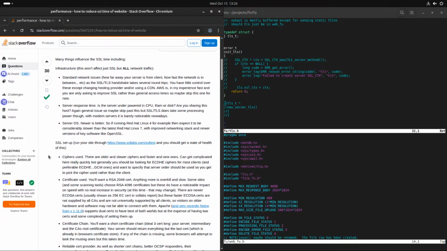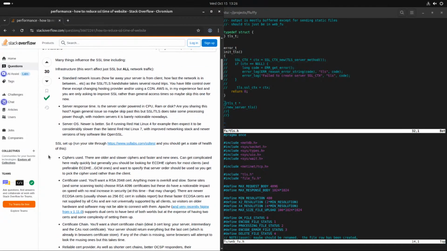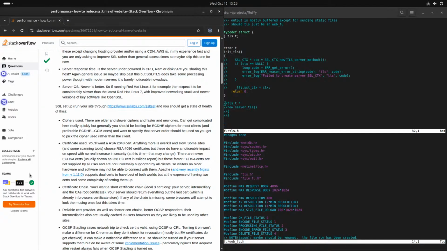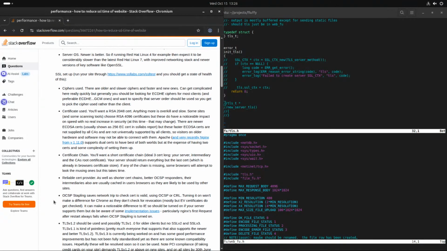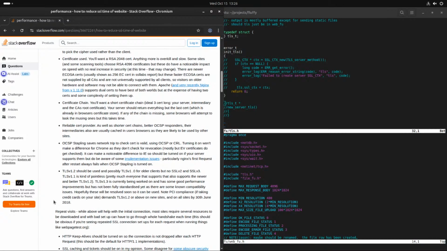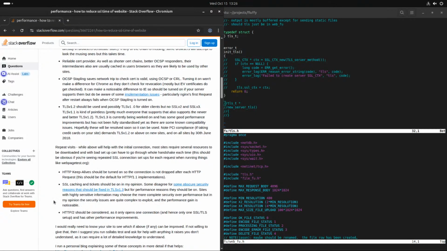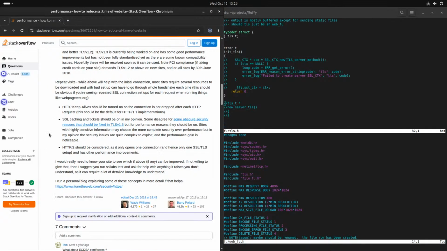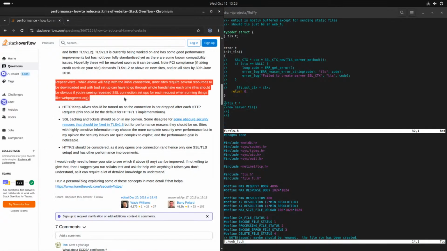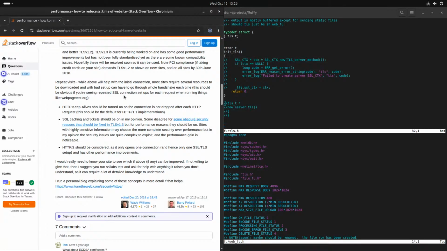I wanted to start recording this info, so it was that page that I started looking at, and then you can run tests, which I've done before. So here they started talking about repeat visits, so people coming back to your site again.